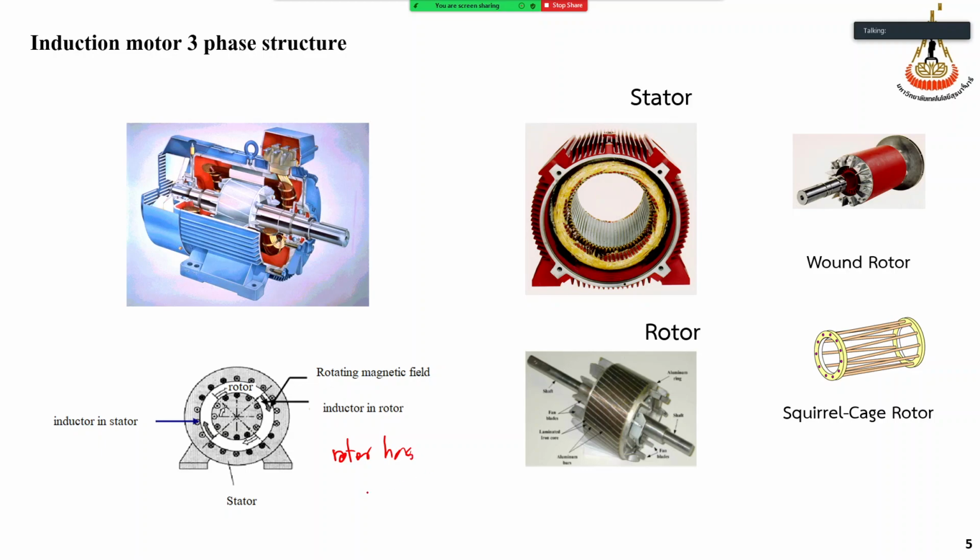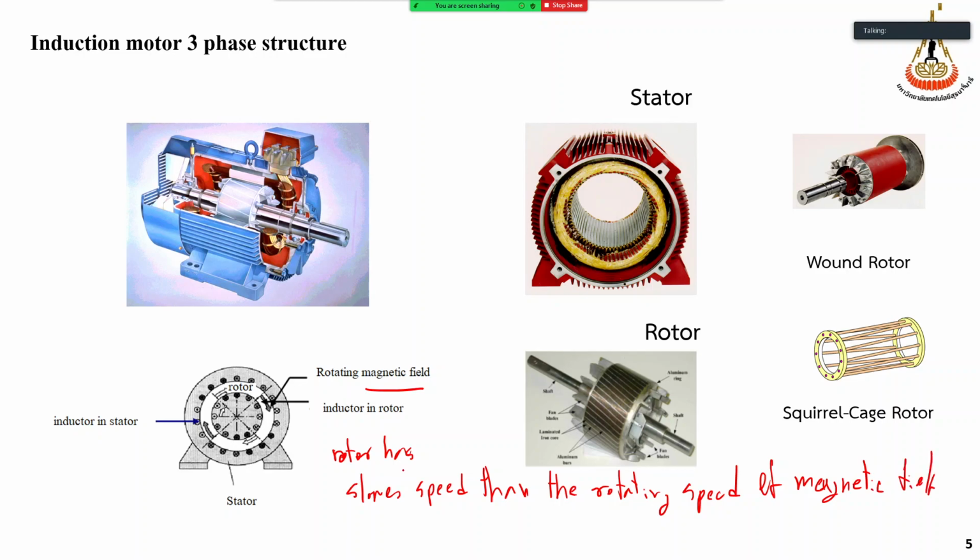The rotor has a slower speed than the rotating speed of the magnetic field. This is because if the rotor turned at the same speed as the magnetic field, current would not flow in the rotor.